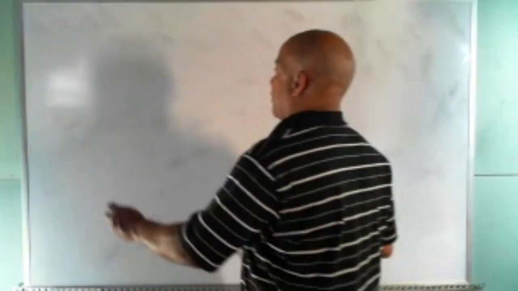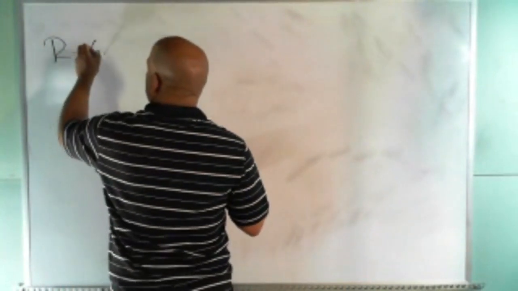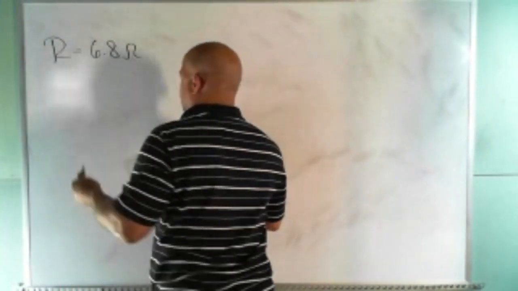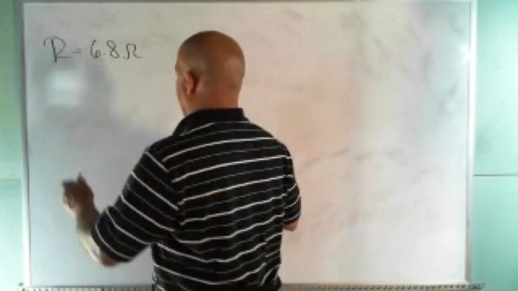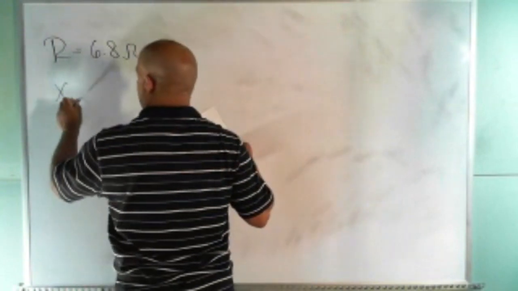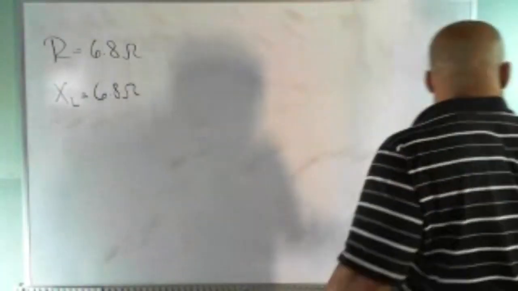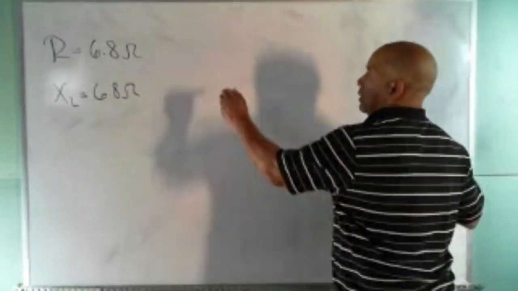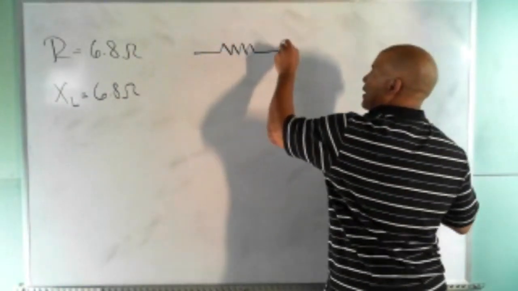On the first one, they give you that the resistor value is 6.8 ohms and XL is 6.8 ohms, and they want you to find the impedance. Well, the circuit's going to look like this. I've got a resistor and an inductor.